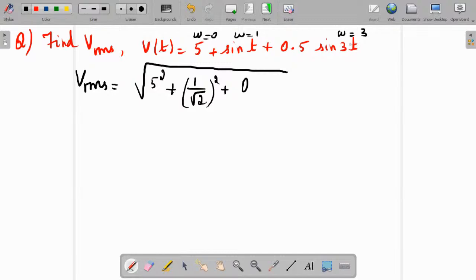Similarly in this question it will be 9 sin t plus 4 sin 3t. So check for the DC component. In the question, what is the DC component? DC component is 10. So V average is nothing but the DC component itself. So here it is going to be 10.